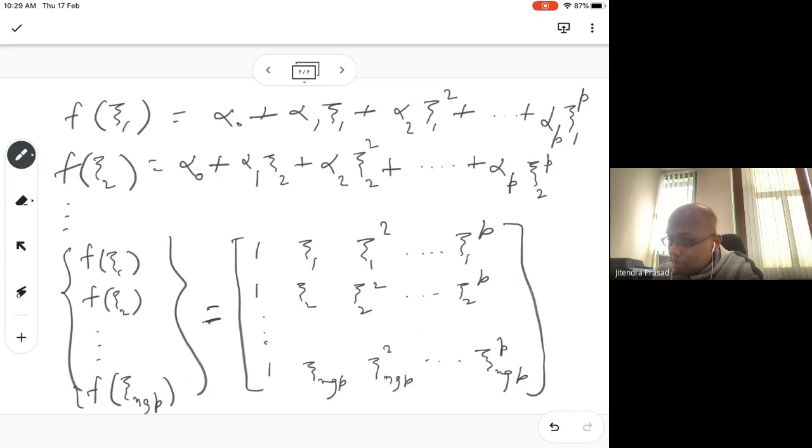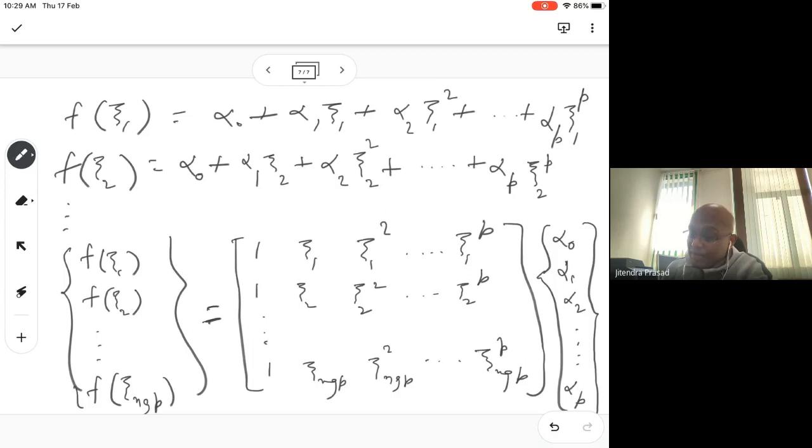And then you will have the vector alpha naught, alpha 1, alpha 2 to alpha p.